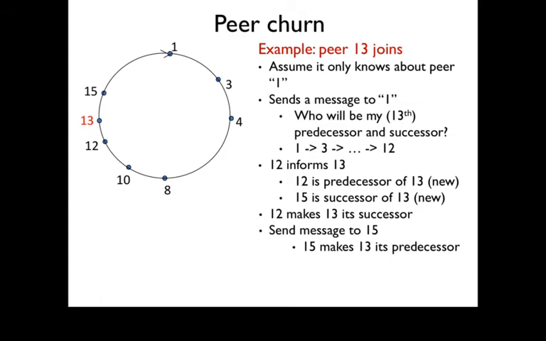Obviously, if both of them have their predecessor as 12, then the ring is broken. Here I am assuming this is one atomic operation. So when 13 joins, you would have to block everybody from doing anything, make these changes, and then proceed. But in practice you won't be able to do that, because you won't be able to block everyone. So during that time, somebody can experience mistakes. But again, the probability of that is low, so you're fine.